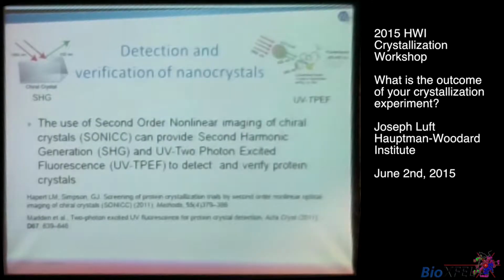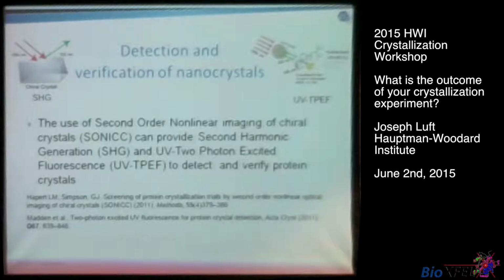Now, I'm not going to go into the physics behind this, but two methods that you can use to detect crystals are second harmonic generation, which relies on a frequency doubling effect. It's a nonlinear optical effect. And it will be able to detect chiral crystals if they're present. It will fail to detect high symmetry crystals, but will detect lower symmetry crystals and chiral crystals.